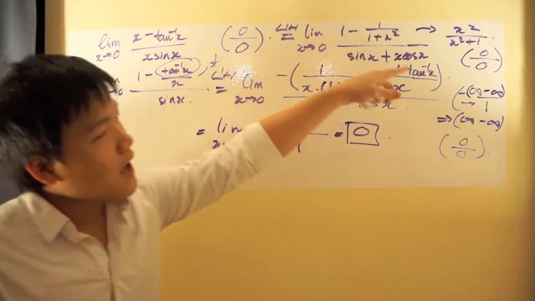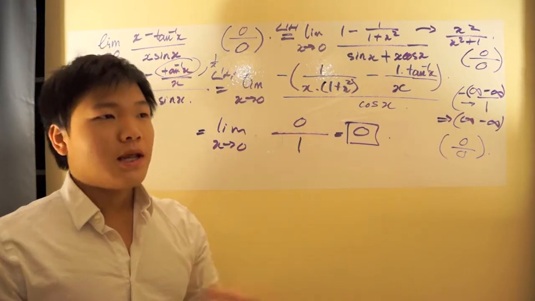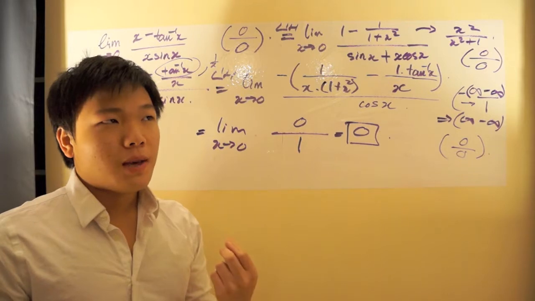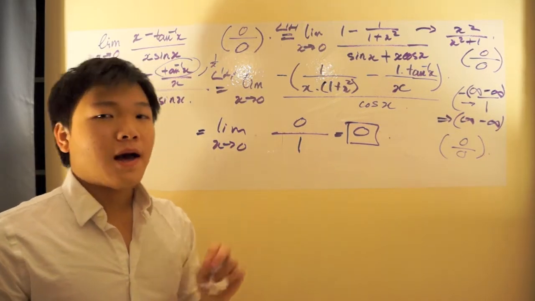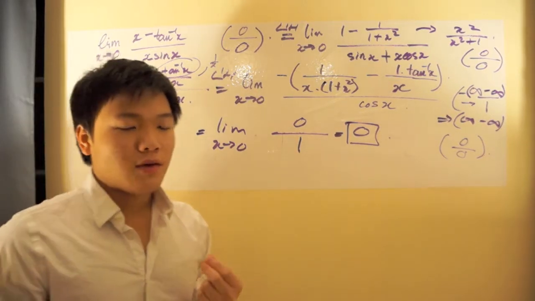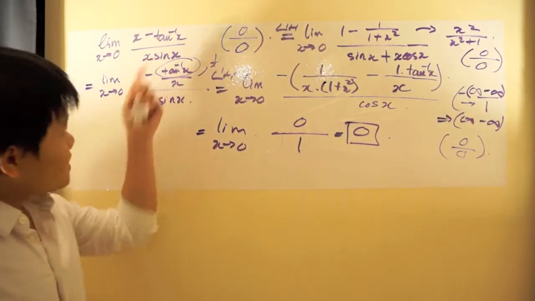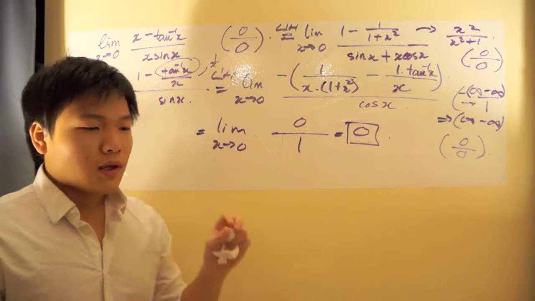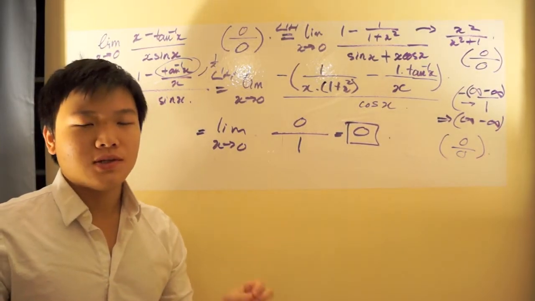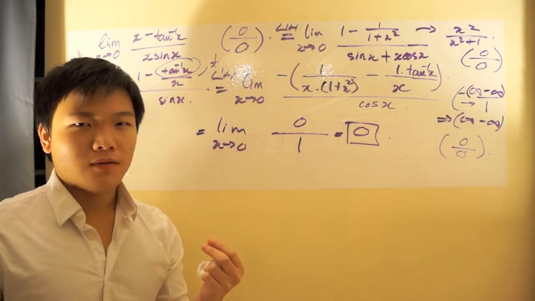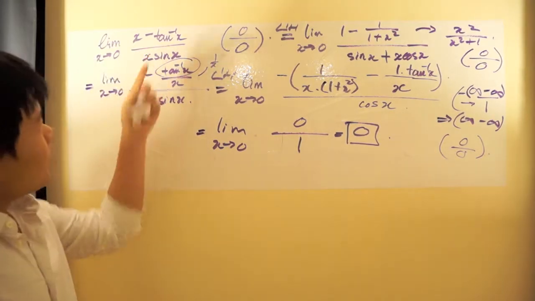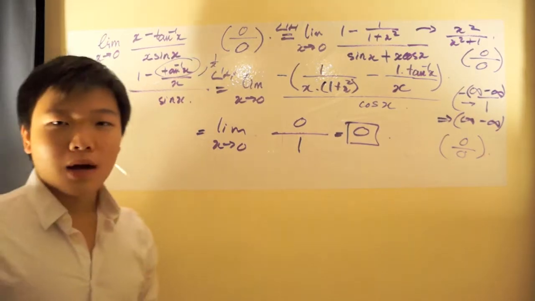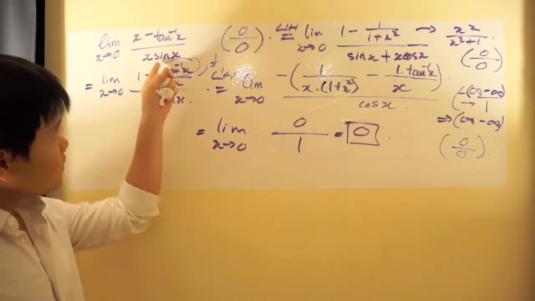If it's recurring, meaning you keep having the indeterminate form, it may be a good signal for you to go back to the original problem and think of other ways to solve it. In this case, you can simplify it. In general, you can try to simplify as much as you can and see what you can pick out from there. You can divide top and bottom by x, so that you get rid of this product right here.